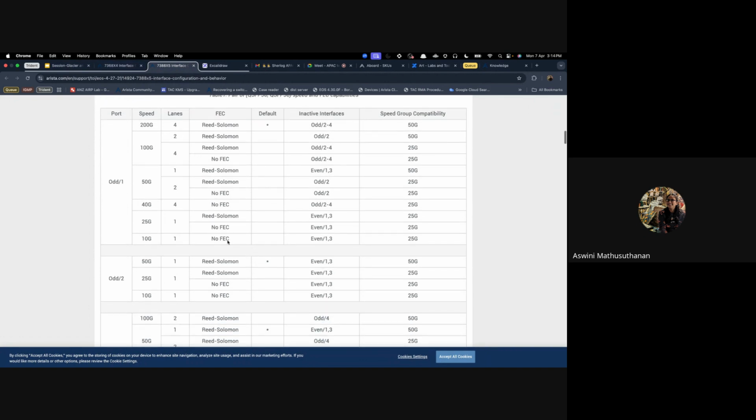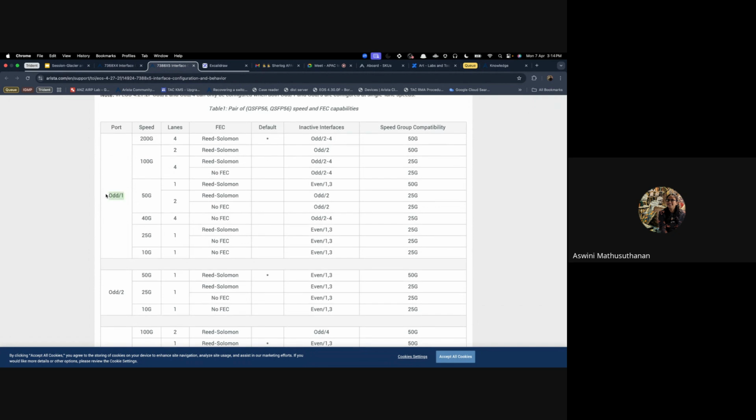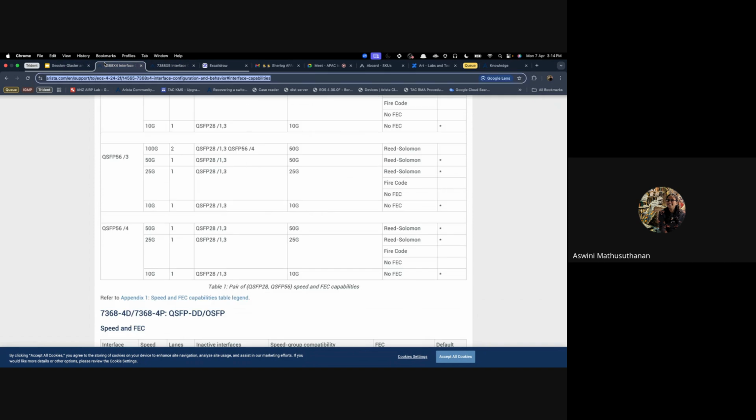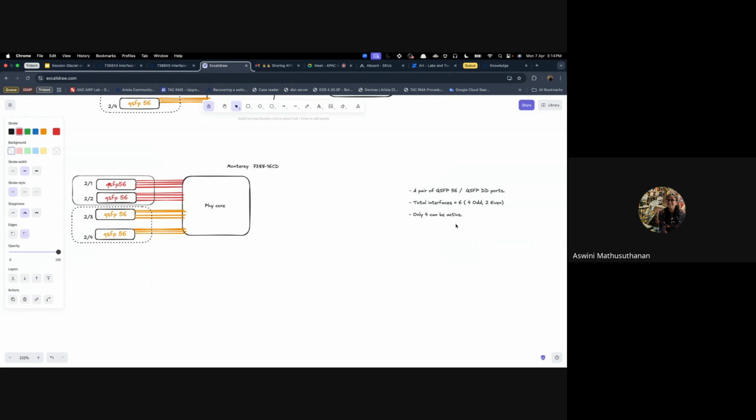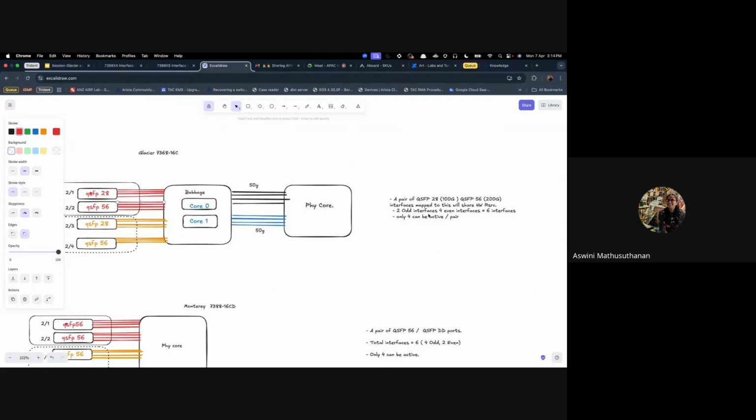Let's just take a look at one of these speeds. When we say odd 1/1, if we had Glacier, we had these limitations where two odd interfaces and four even interfaces. Because even interfaces had a slightly higher speed, that is 200 gig, we allocated 4 there.